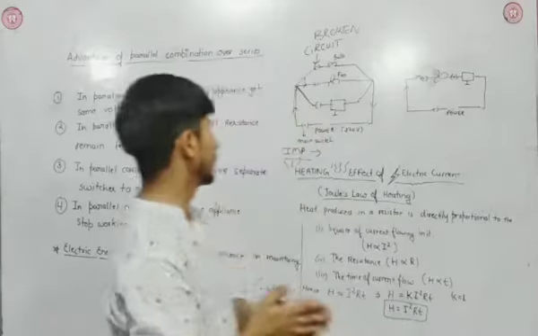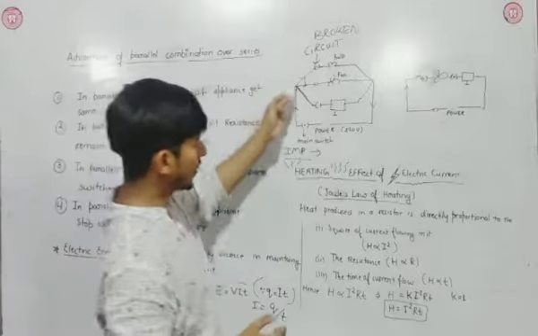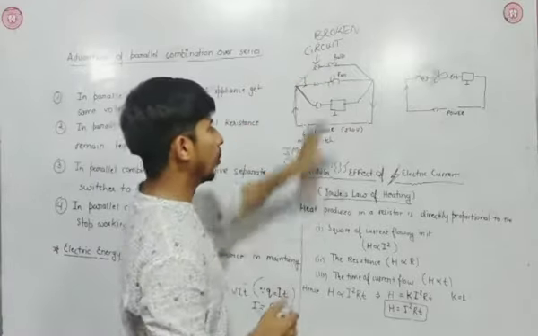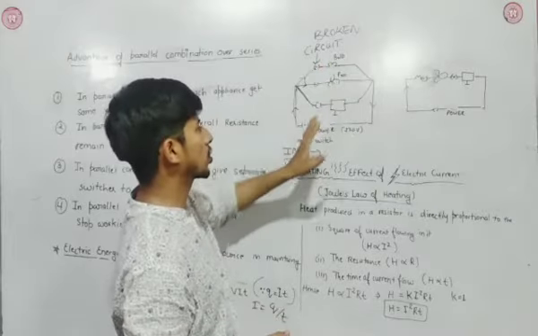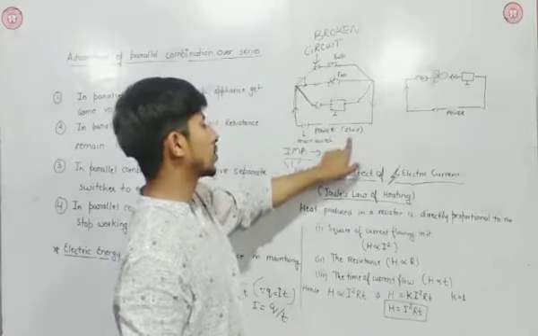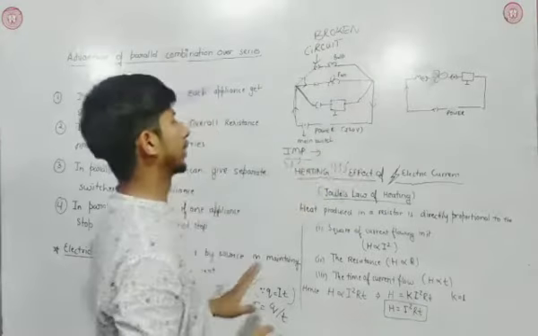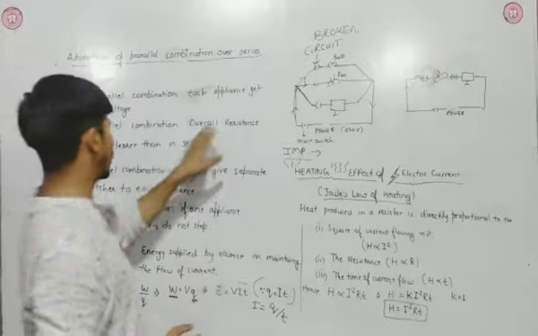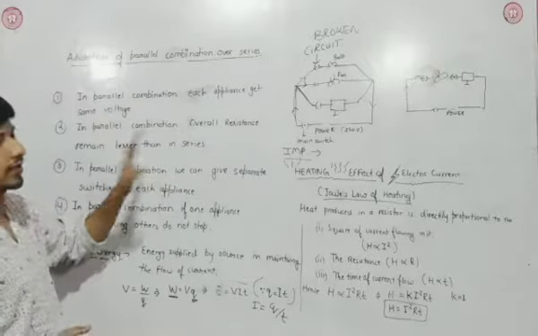Now you can see I have drawn a circuit here. Bulb, fan and a TV all are connected in a parallel combination, and these all are getting the same voltage of source, that is 220 volts.